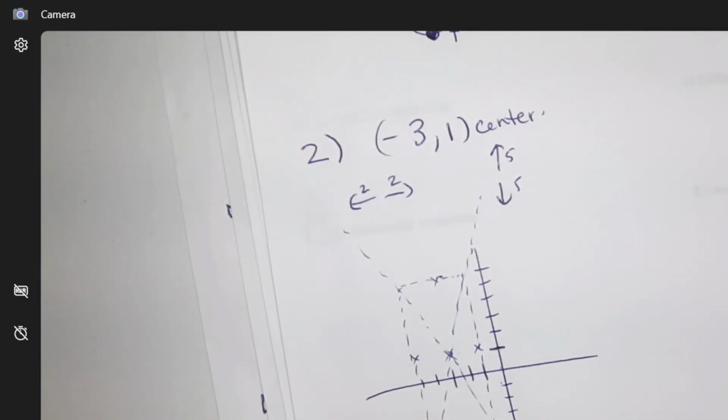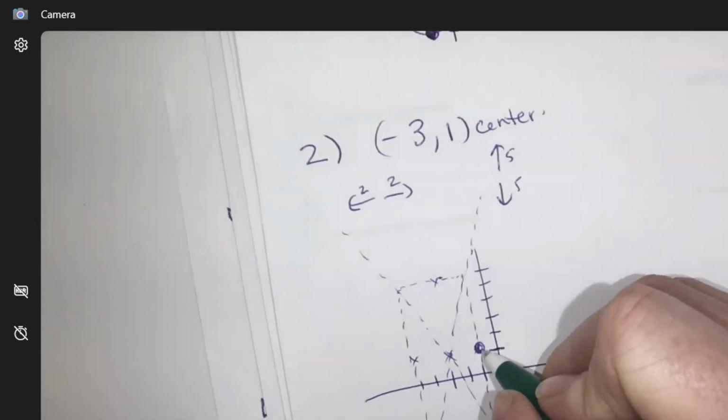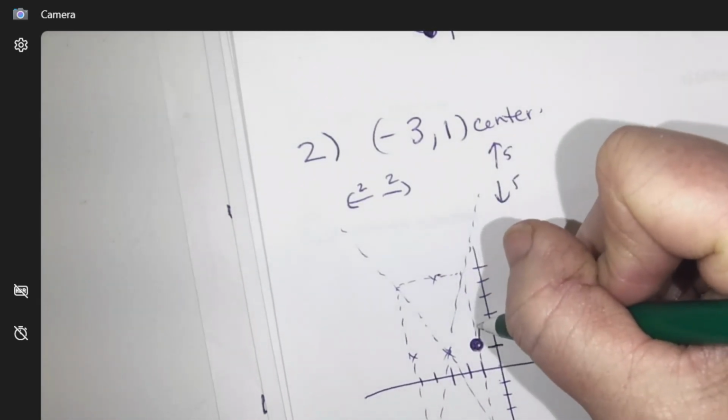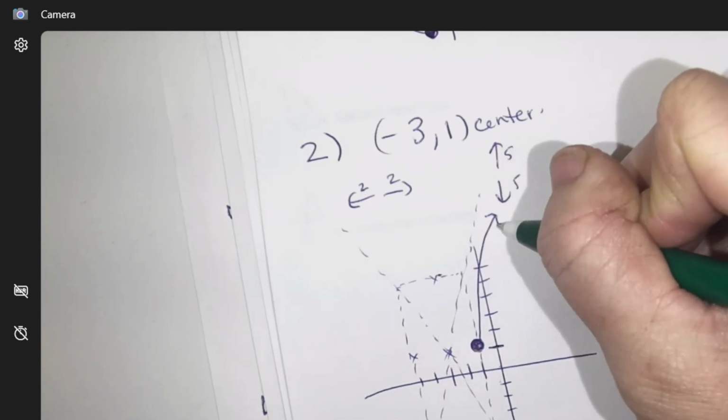The box isn't part of your graph. Your box just helps you line up your asymptotes. And now, which direction do we put this thing? We said horizontally opening, so it needs to have a vertex here. This is a point. And it needs to follow the asymptotes.